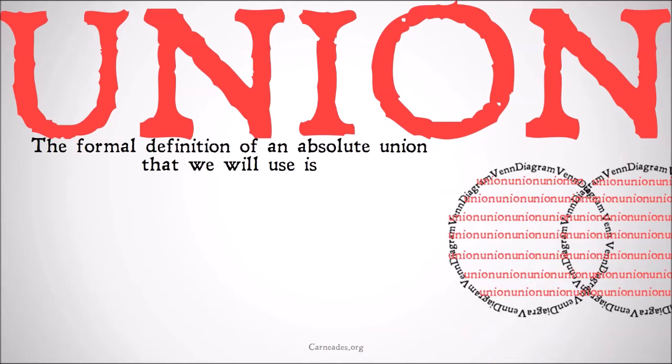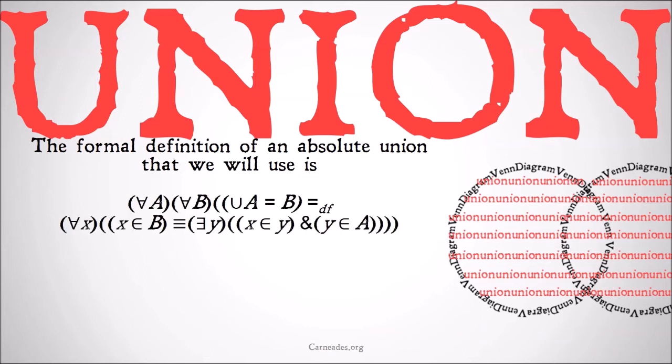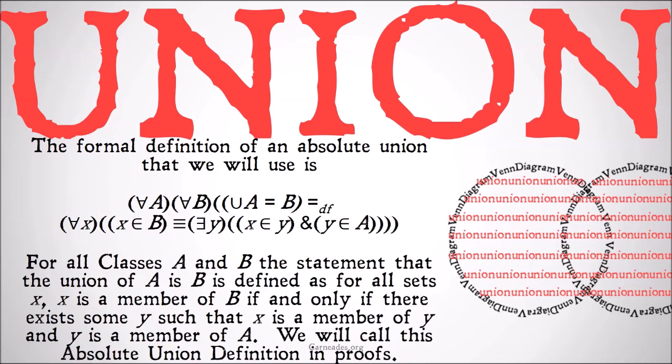The formal definition of an absolute union that we will use is as follows. For all A and all B, the union of A equals B means by definition that for all X, X is a member of B if and only if there exists some Y such that X is a member of Y and Y is a member of A. In other words, for something to be the union of a class, all of its members must be members of some member of the original class.